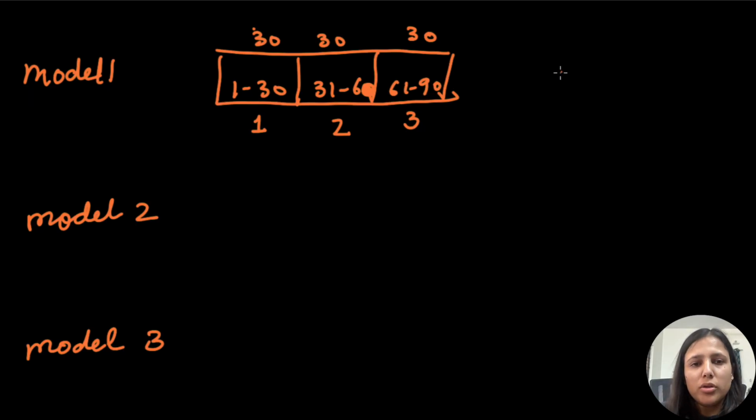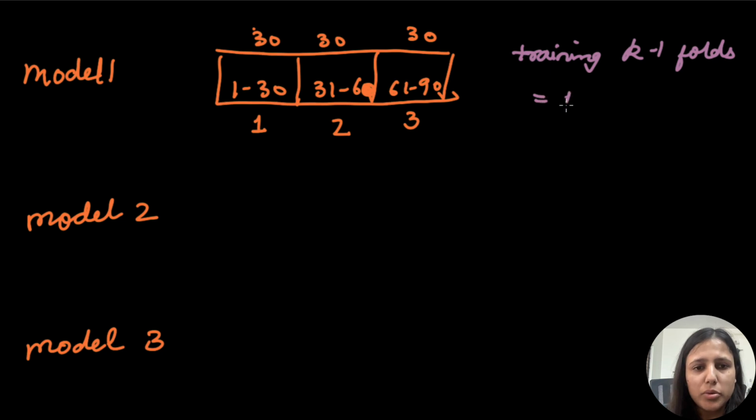So what will we use in training? We will use k-1 folds for training, which means we will use the first and second fold for training. Actually, you can use any of the folds; you have to make all the combinations. To keep an order, we start from 1 and 2 and keep 3 in testing.